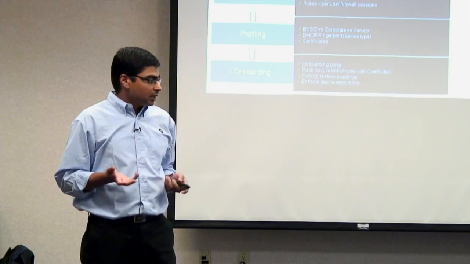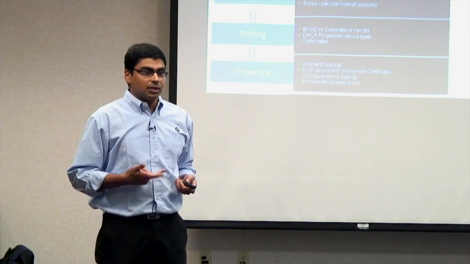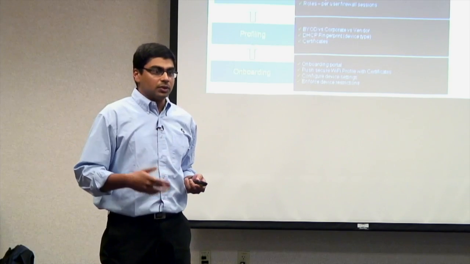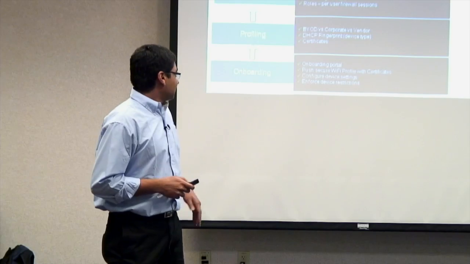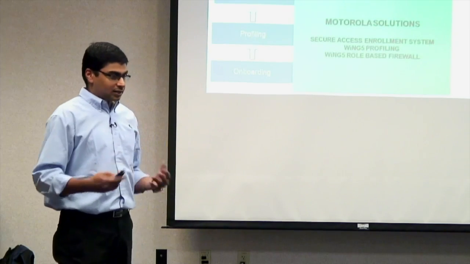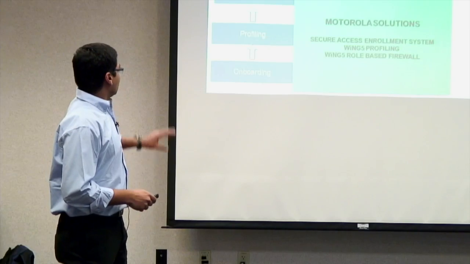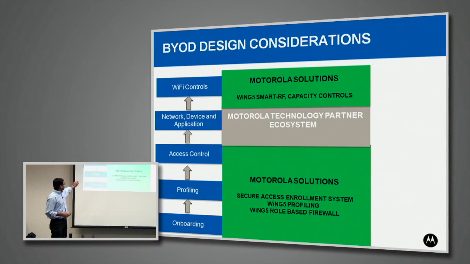As I said, there are multiple devices, multiple switches, multiple routers that you need to talk to and pull data from. That's the reason why we, as Motorola Solutions, wireless LAN business unit, have solutions that address the bottom three. And for the NAC and MDM, we rely on our technology partner ecosystem. So we have some integration with Forescout.